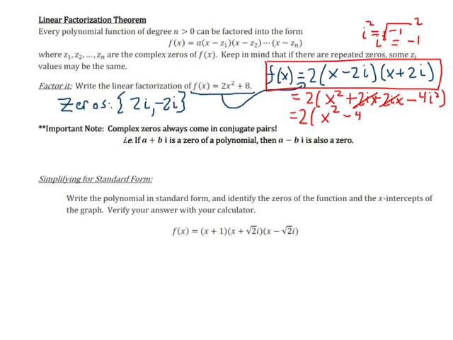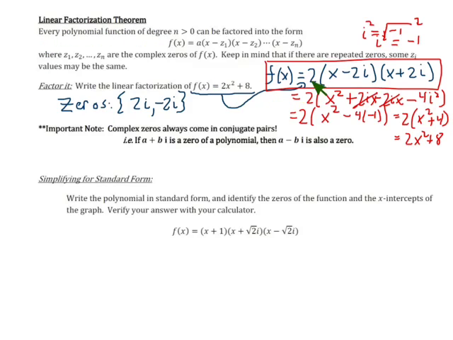So our i squared is just negative 1. And so now we can clean this all up. This is just 2 times x squared plus 4, and that gives us 2x squared plus 8. And so we verified that, yes, this linear factorization theorem up here does work.